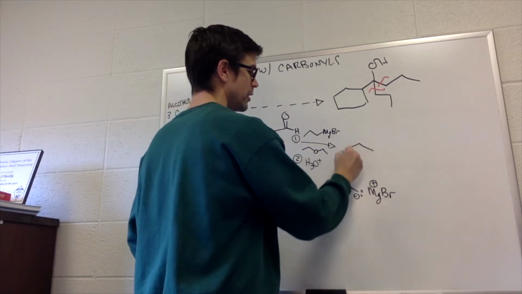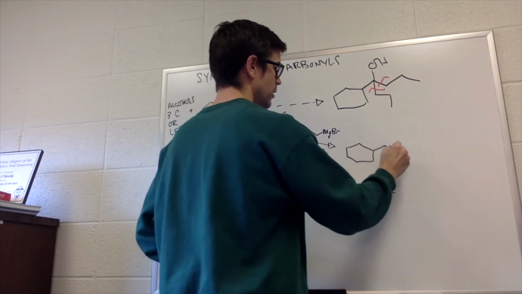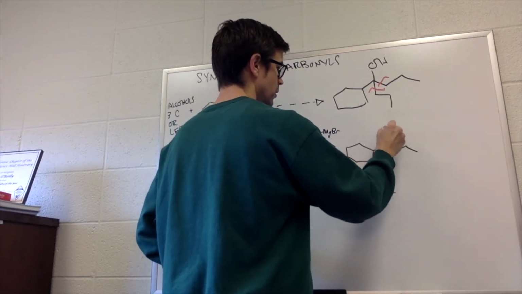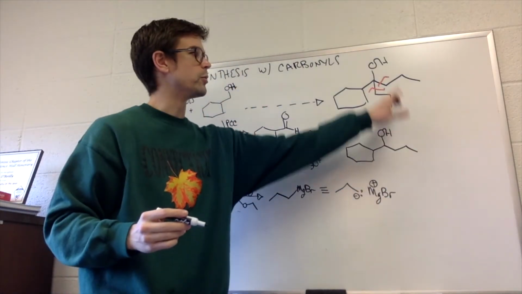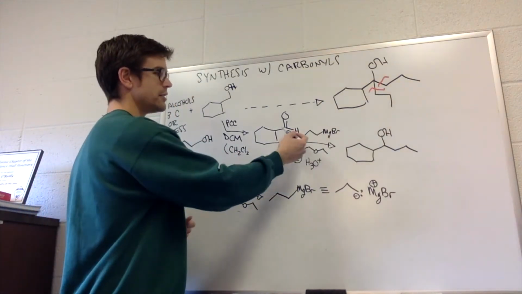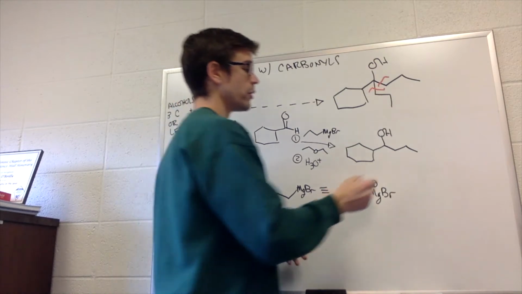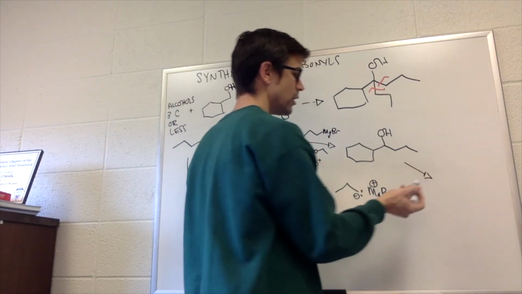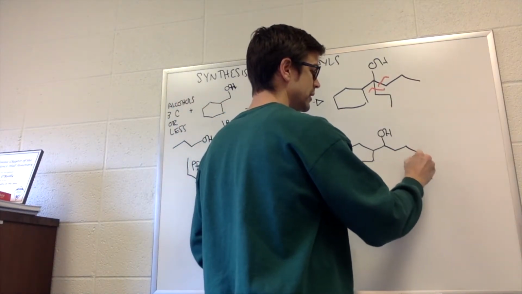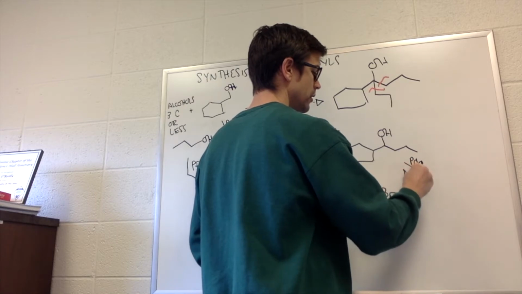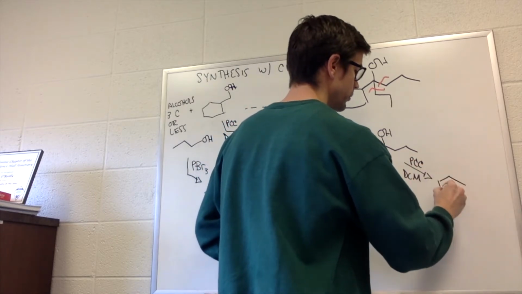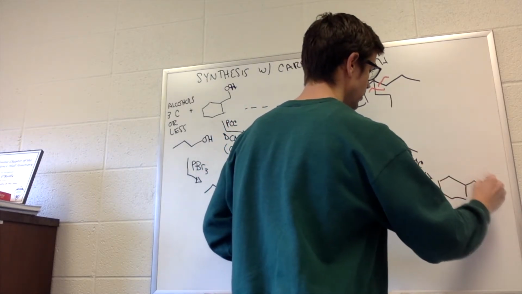That would provide the alcohol with one of our groups on there, but it can't add 2 times. It can only add 1 time. So we have to add it once like that. Then we're going to reoxidize, so we're going to use PCC and DCM again. That will produce the ketone.